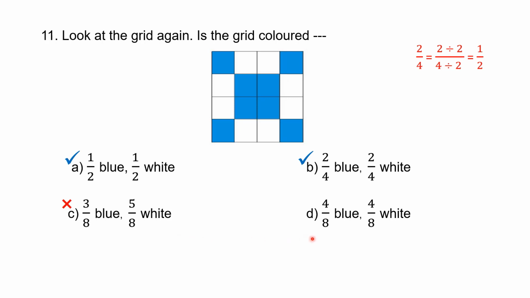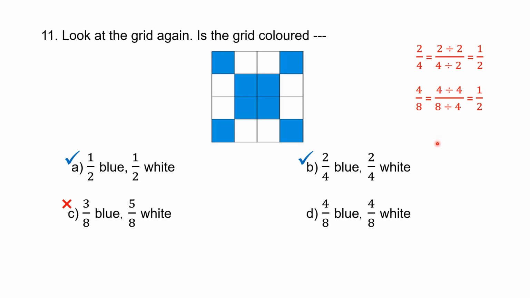Now let us check the option D. 4 by 8 blue, 4 by 8 white. Let us simplify the fraction 4 by 8. Again, divide the numerator and denominator by the same number. Here we are dividing by 4. 4 divided by 4 and 8 divided by 4. 4 ones are 4, 4 twos are 8.